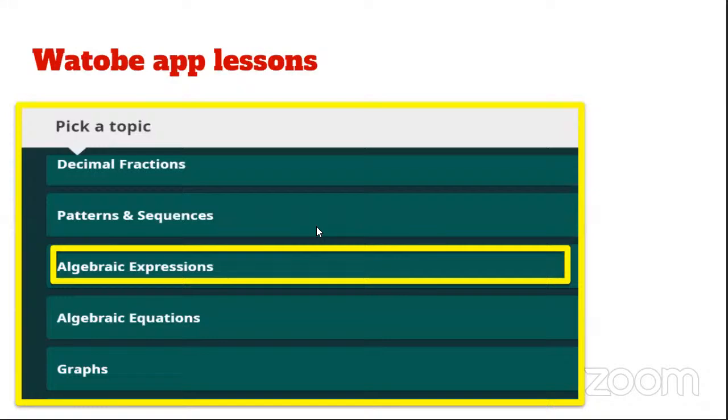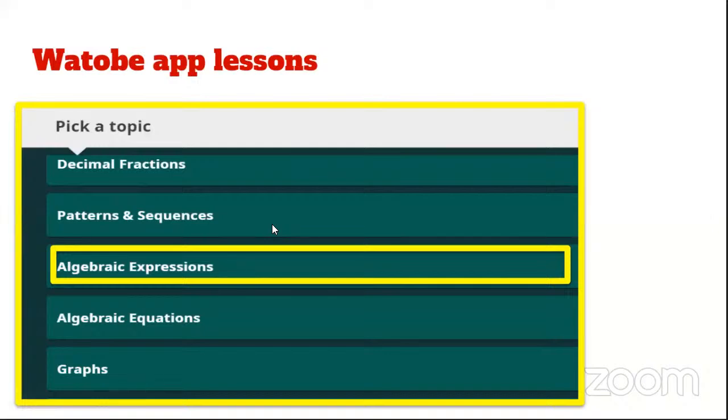Just to show you where to find this on the Watobi app, all of you would already be on the Watobi app. Just go to algebraic expressions. You want to pick a topic, of course. You go to algebraic expressions, and under there you will find equations.